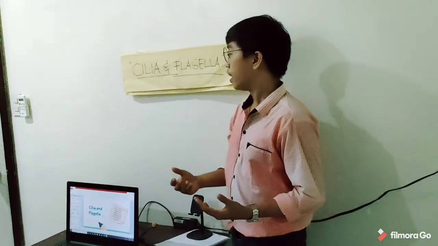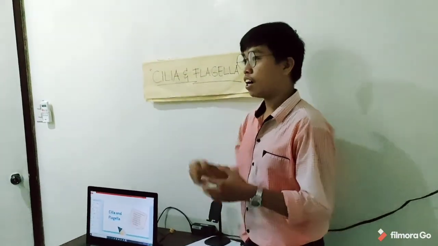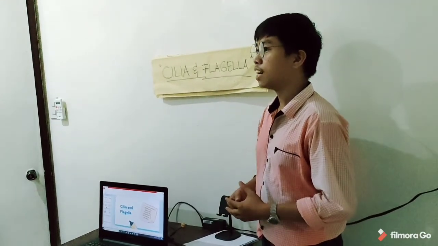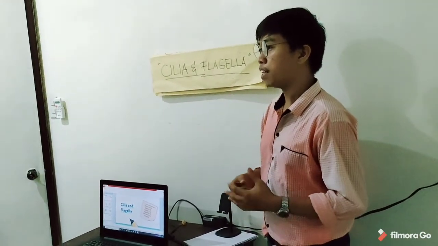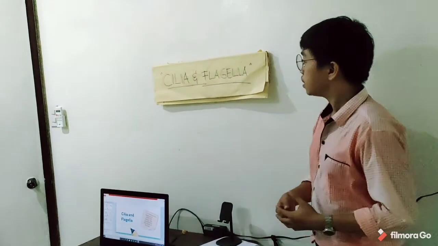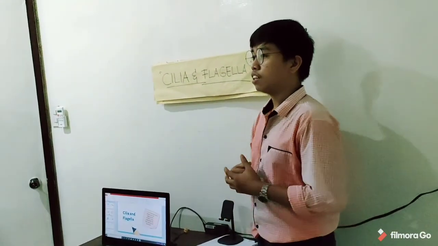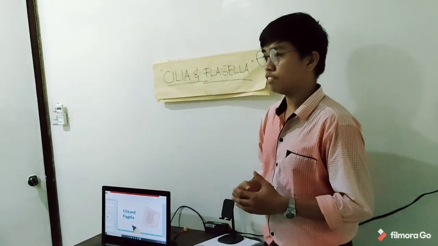When we talk about cilia, class, it is an organelle found in eukaryotic cells in the shape of a slender protuberance that projects from the much larger cell body. Another one is flagella. Flagella, class, are microscopic hair-like structures involved in the locomotion of a cell.